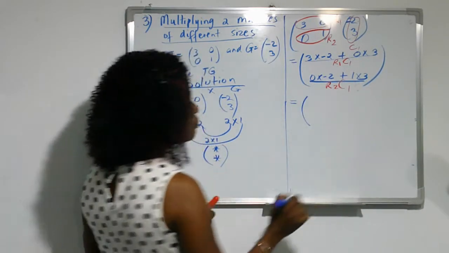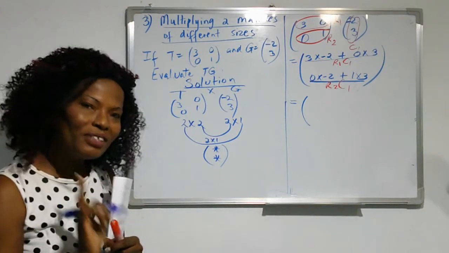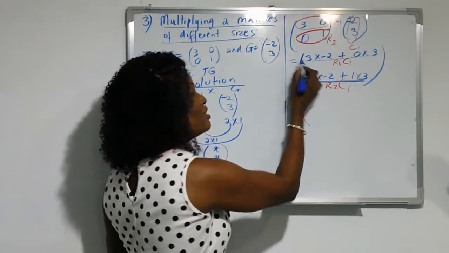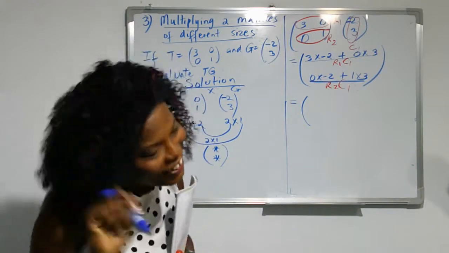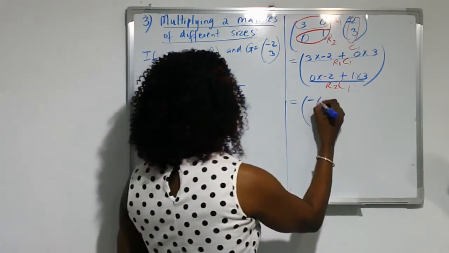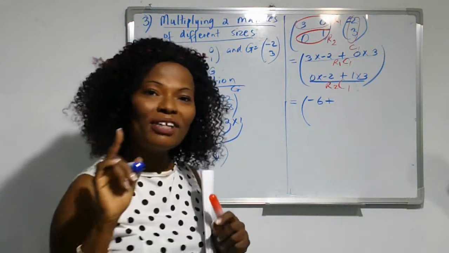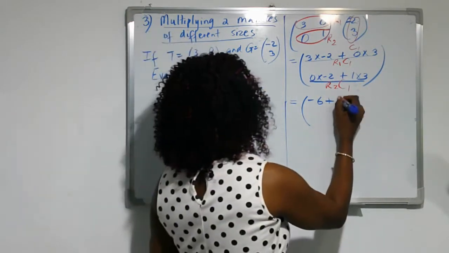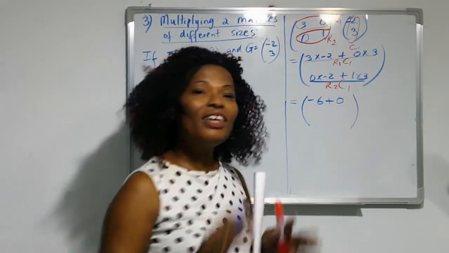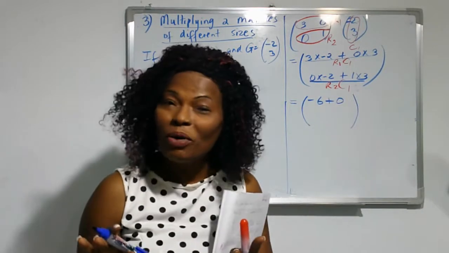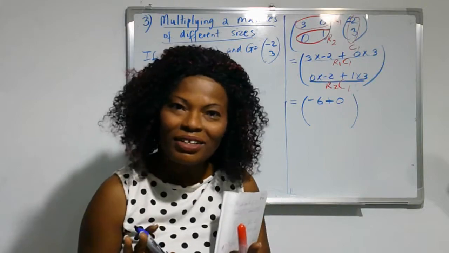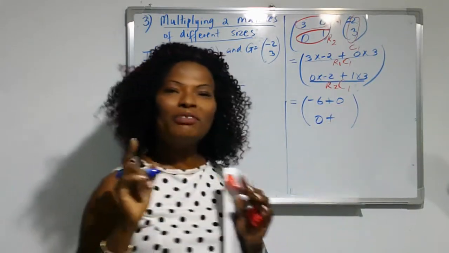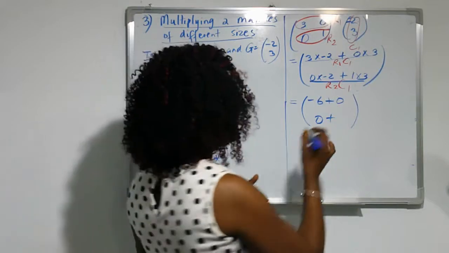Let's go. 3 times negative 2, negative times a positive gives me a negative. 0 times any number gives me 0. 0 again times any number, whether it's negative or positive, is 0. 1 times 3 gives me 3.